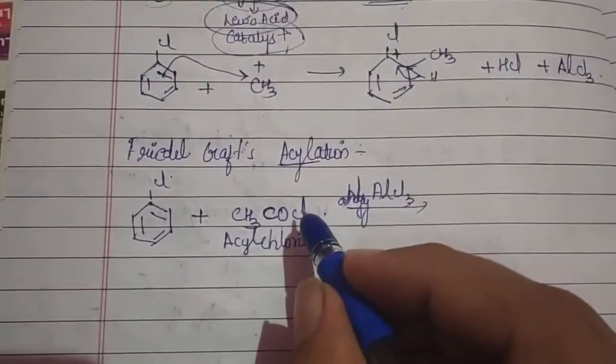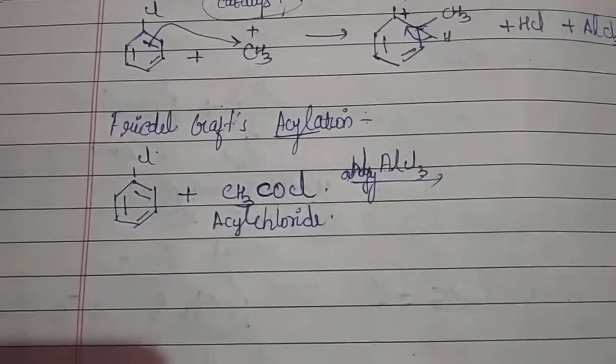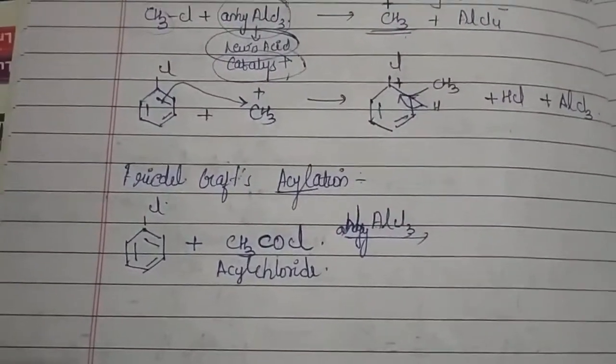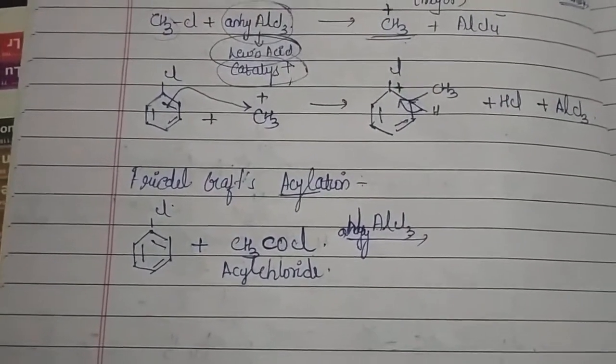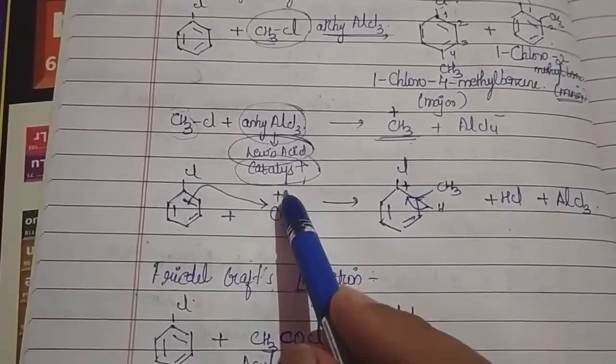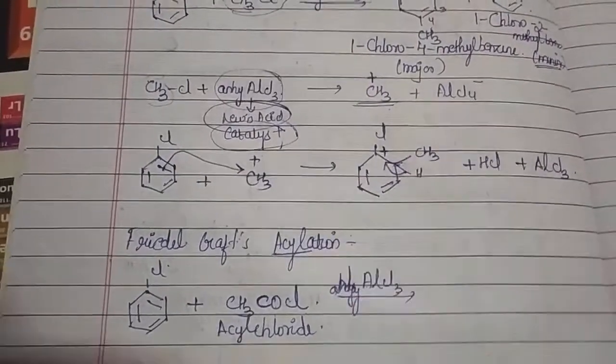Of course, AlCl3 will take your Cl towards itself. So now the question arises, how will your electrophile be? Because here you are having CH3. I knew that C was having the positive charge, and do remember the bonding is with respect to the carbon atom.